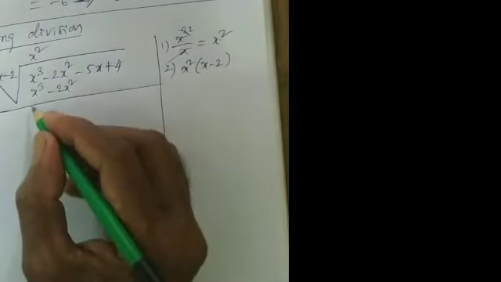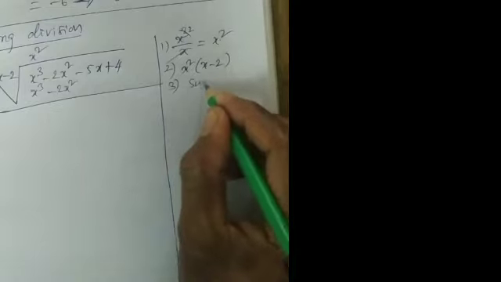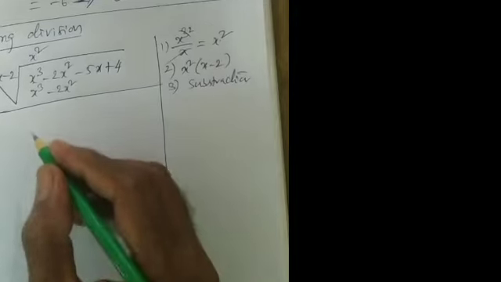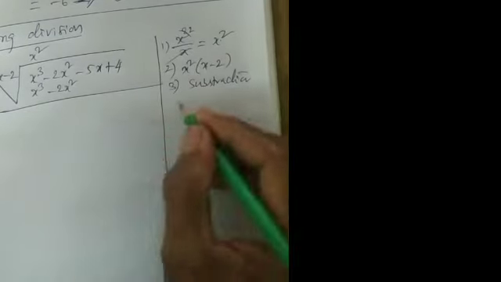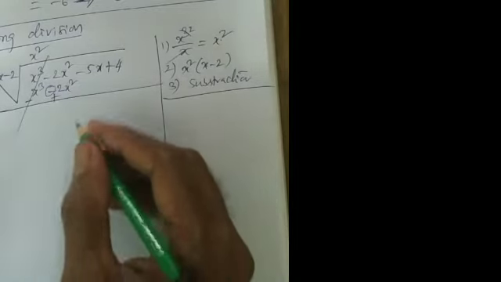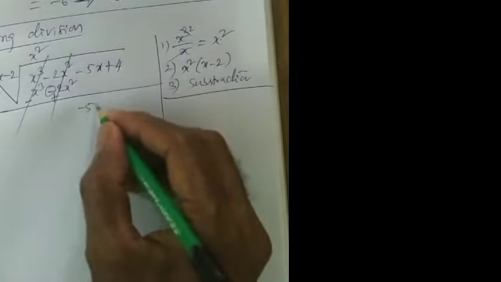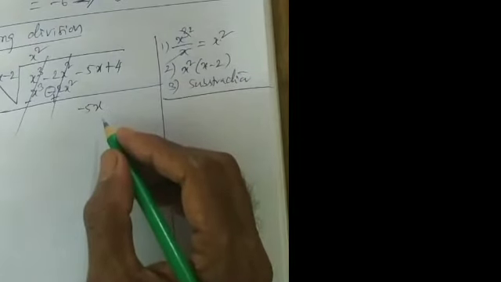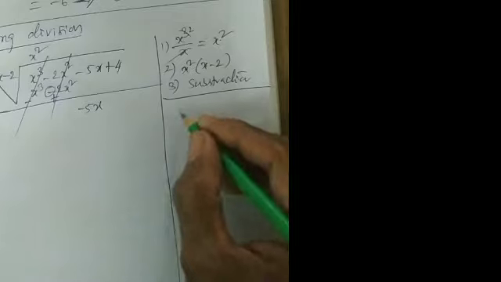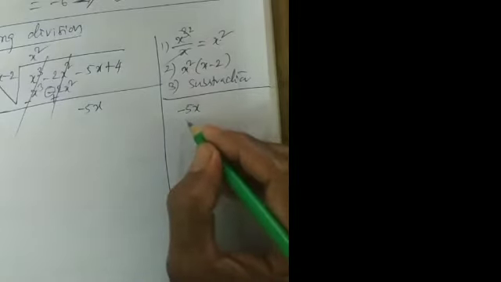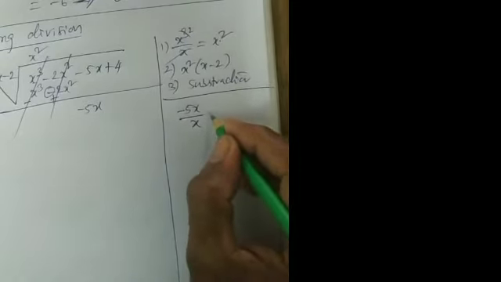Now the third step is subtraction. Subtraction means change the sign of the below term: wherever minus put plus, wherever plus put minus. So both get cancelled, bring down minus 5x and also plus 4. A single term we can't do.